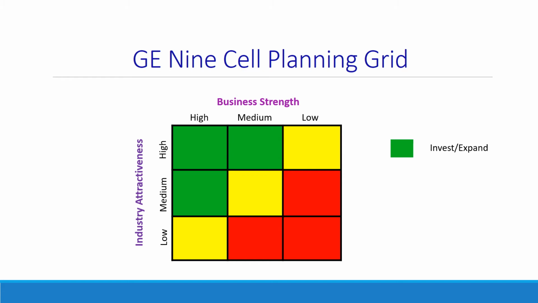So this zone is characterized by high business strength as well as high industry attractiveness. In this case, the extreme left-hand corner, the high position, has business strength high and industry attractiveness high. That position is the most ideal situation for growth.